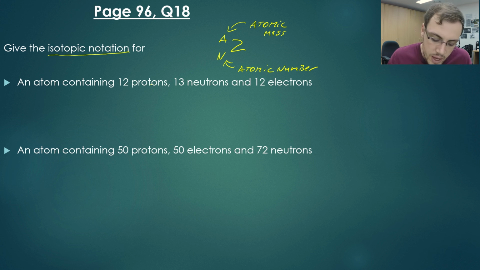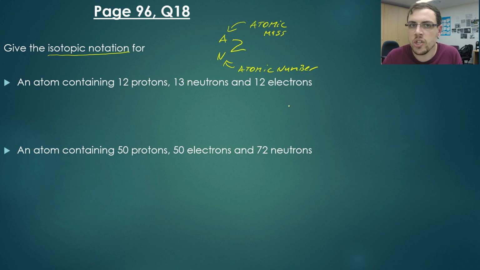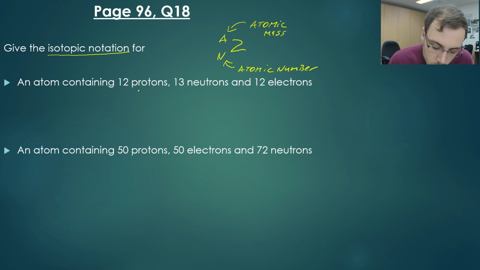Remembering too that with our protons, neutrons, and electrons, what happens if we change those subatomic particles? A proton is responsible for the element, a neutron will create an isotope, and an electron will change the charge. Straight away what's popping out at me is to concentrate on the protons.